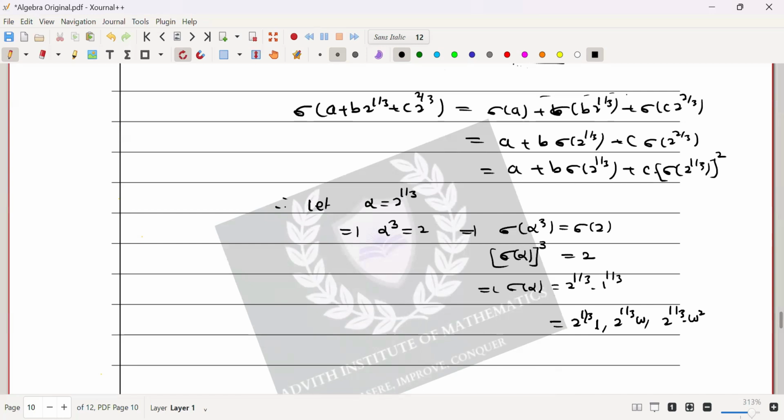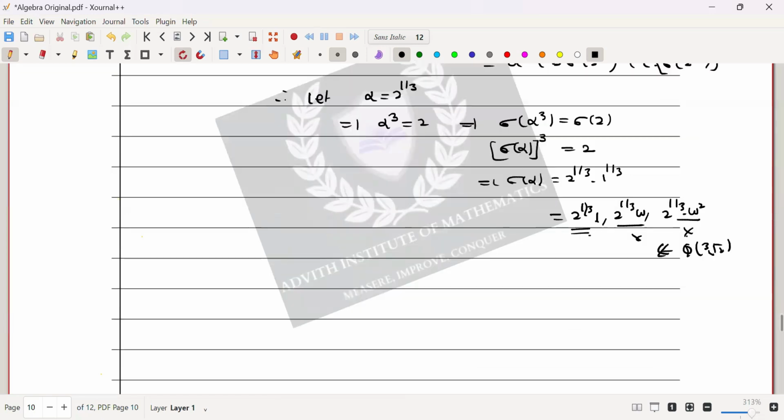These are the three roots, but the other two roots do not belong to the extension field, so they do not belong to Q of cubic root of 2. Therefore the only possibility is this one: sigma of alpha is equal to 2 power 1 by 3.